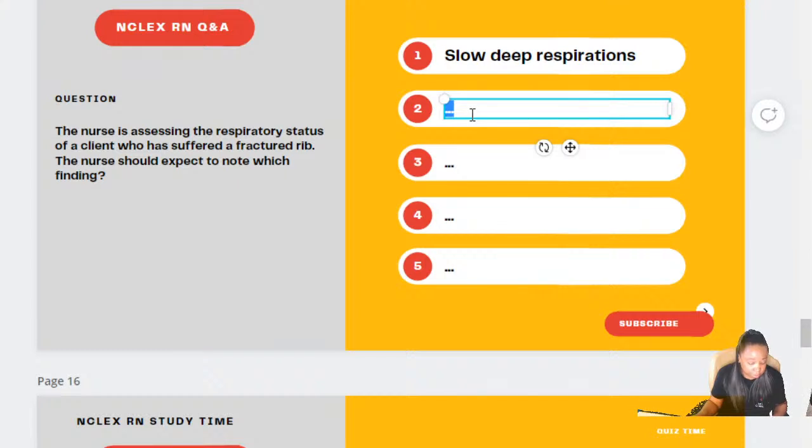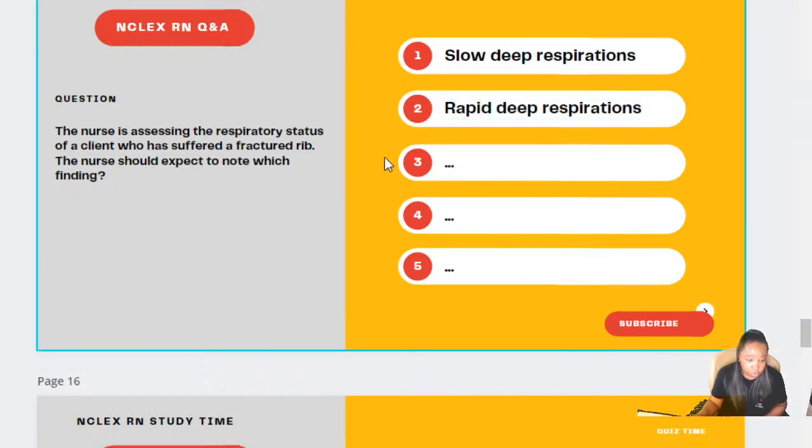So the reason why they put some of the answers has to do with respiration. They just want to see what you think is an expected finding. And then you see here the second one says rapid and deep respiration. Do you think it's one of the findings? What about the third one?